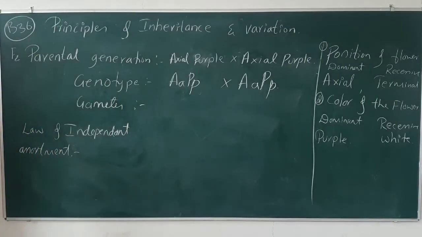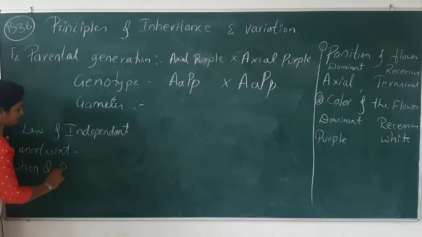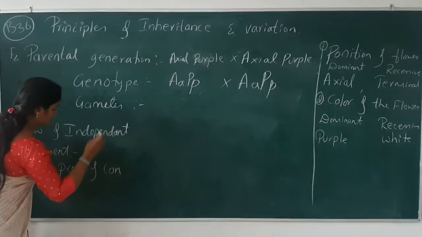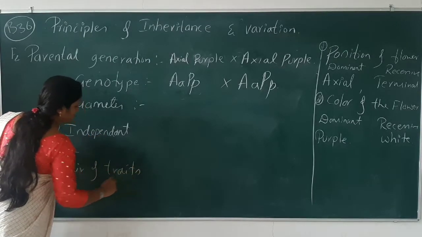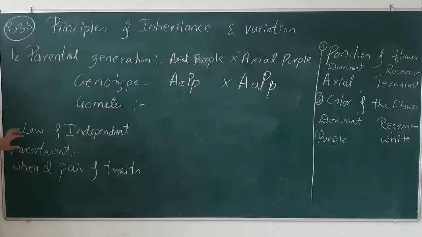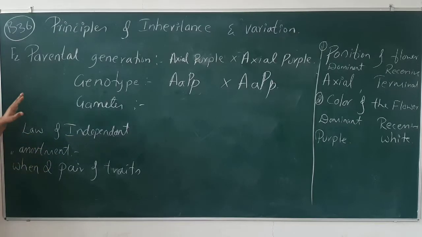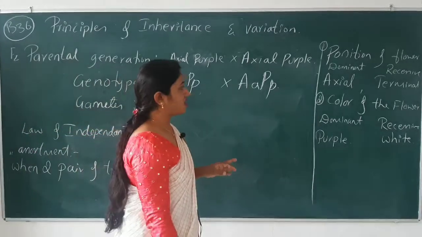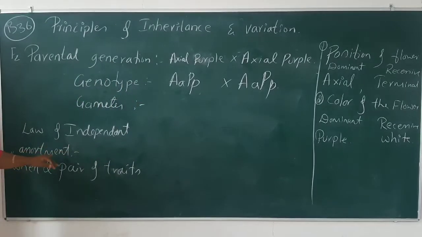You just write down. The law states, when two pairs of traits... I am writing the definition of the law of independent assortment. This is the third law of Mendel. Law of dominance, law of segregation, and the third one is the law of independent assortment.